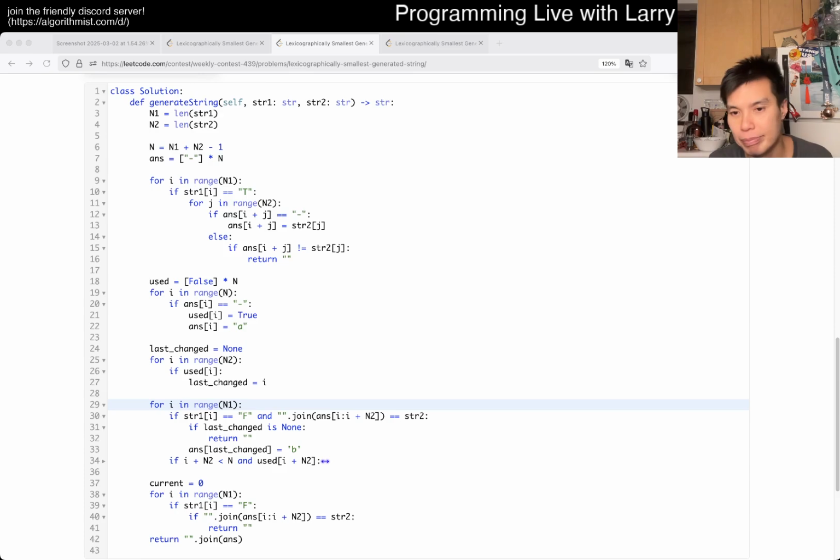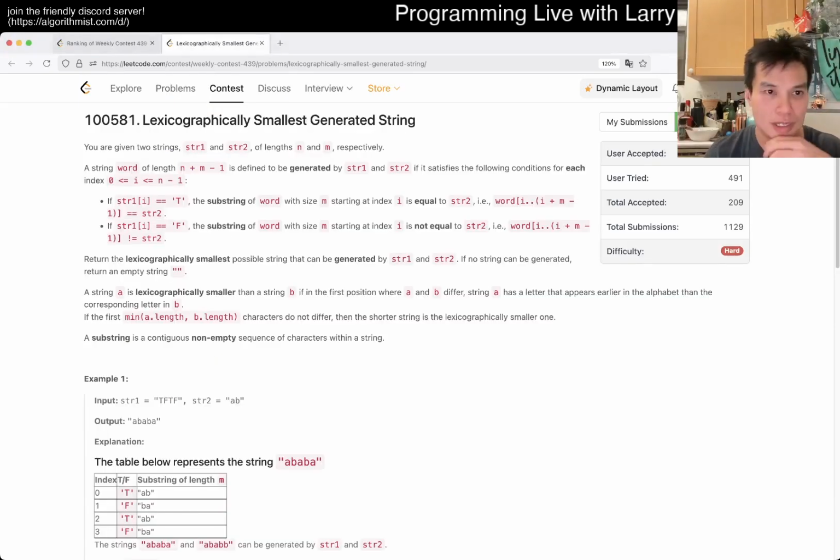Next. Code is dumb, honestly. But okay. String 1, string 2, and an... Alright, I got focus. Okay, let's go. So you have length, string i.